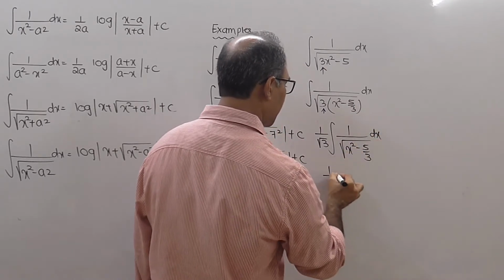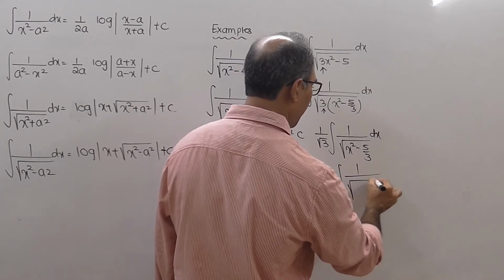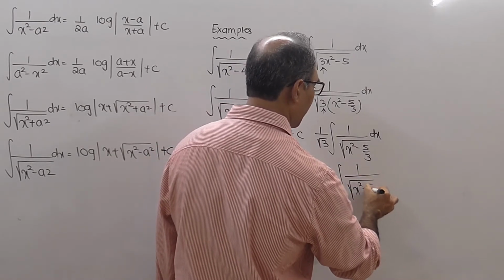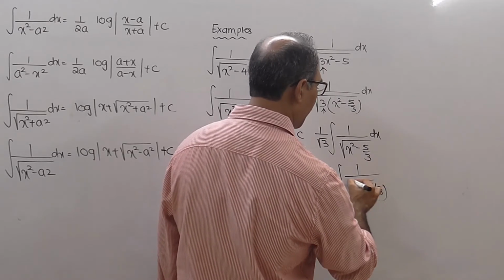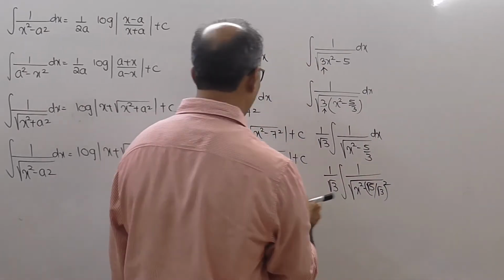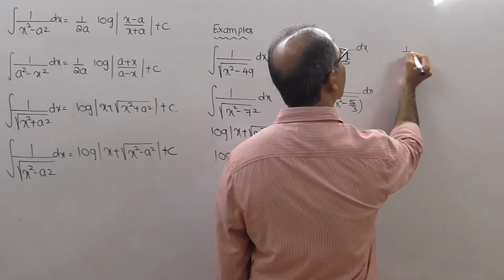Okay? This is 1 upon root 3. Integration 1 upon x square minus (root 5 upon root 3) the whole square. So now this is in the form integration 1 upon x square minus a square.